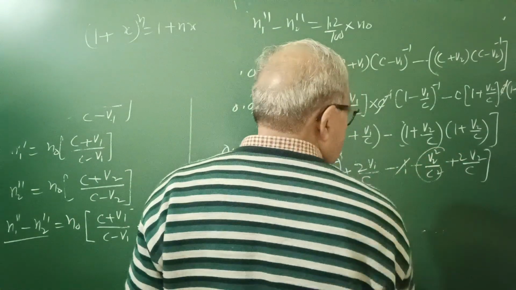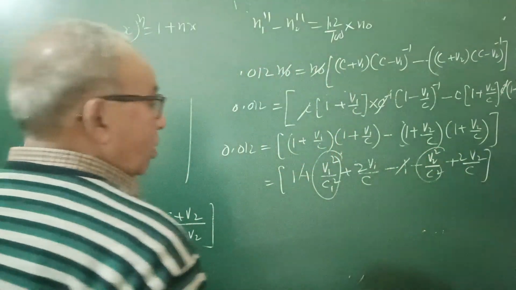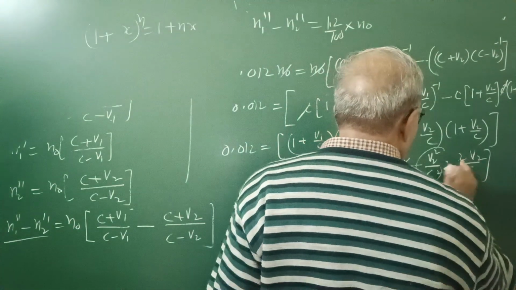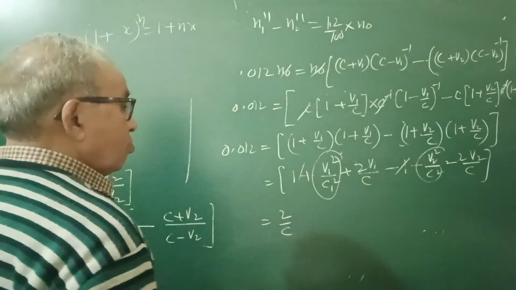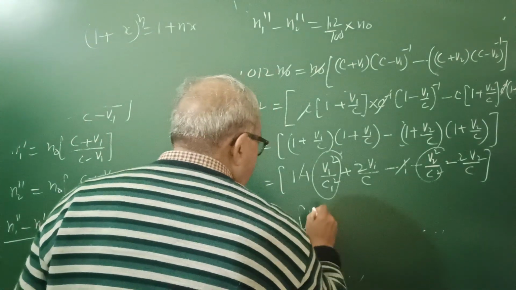One cancels, so it becomes 2 upon C into (V1 minus V2).